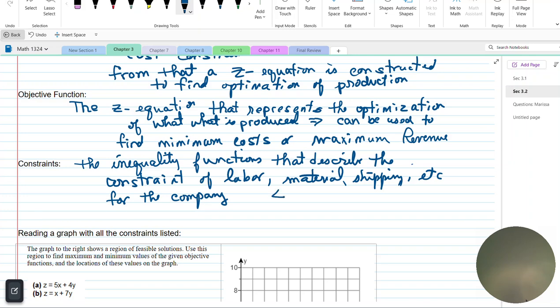Inequalities mean less than or equal to, greater than, or greater than or equal to. These are those functions that we did in section 3.2.